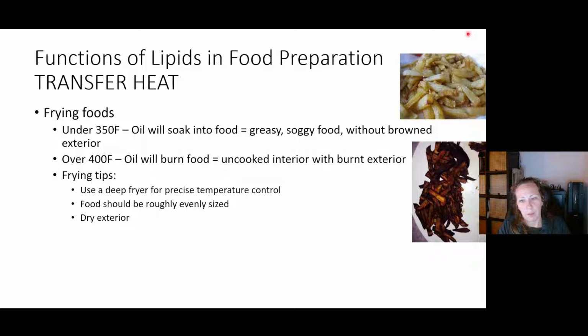Two, they don't test to see what the level of the oil will be after the bird is put in, and so the oil overflows. Three, they don't turn off their burner while they're putting the bird in. But the fourth, which has more to do with what we're talking about, is they don't make sure they've dried the outside of the turkey as much as they can before they drop it in.